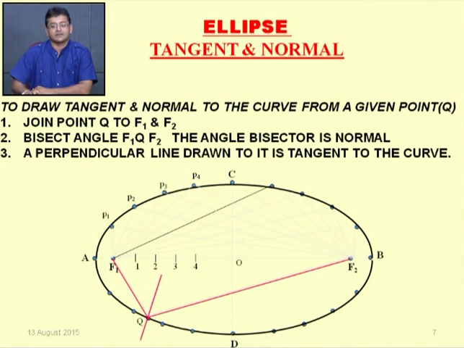The angle bisector is the normal. Now draw a line perpendicular to this normal line, so we can get the tangent to the curve. So here TT is the tangent and NN is the normal.